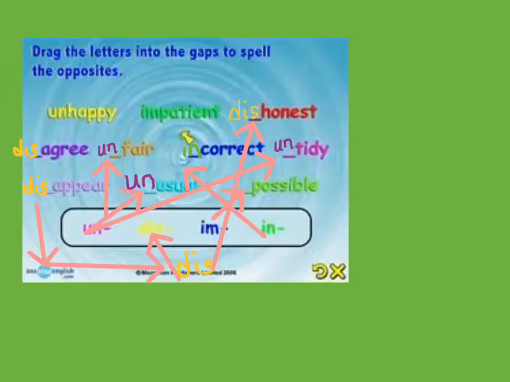So with words like happy, we put unhappy, patient, impatient, honest, dishonest, agree, disagree, fair is unfair, correct is incorrect, tidy is untidy, appear is disappear, usual is unusual, possible is impossible. So know when and where to use which prefix.